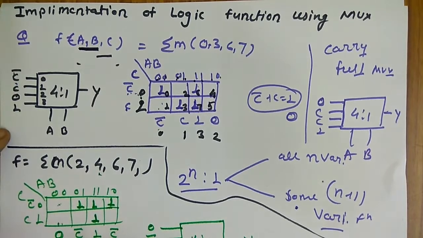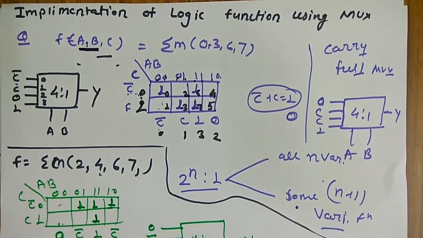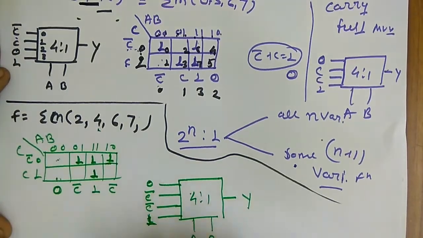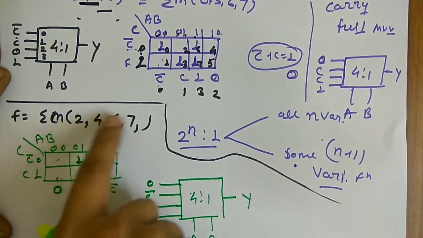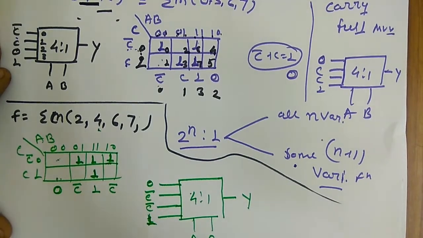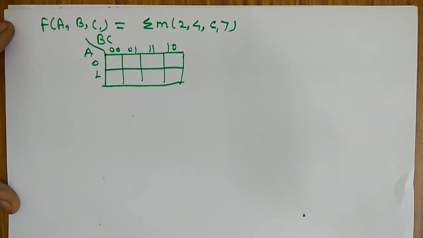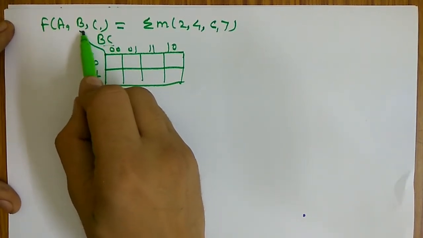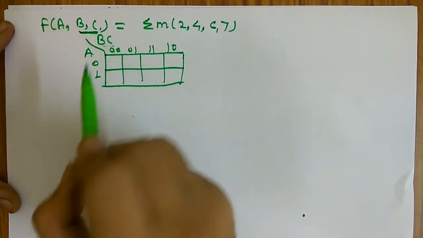Then I will select next BC as the select line and A as the input variable. So this is the function, and I have represented this one, and this one we have similarly done in previous problems. So guys, I have taken BC as the select line.